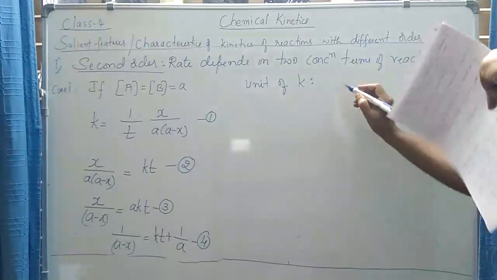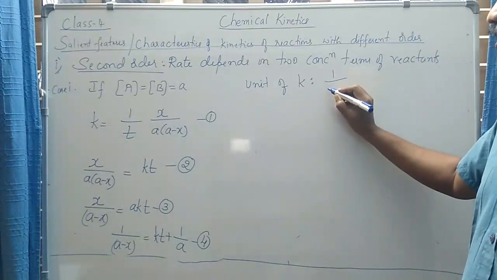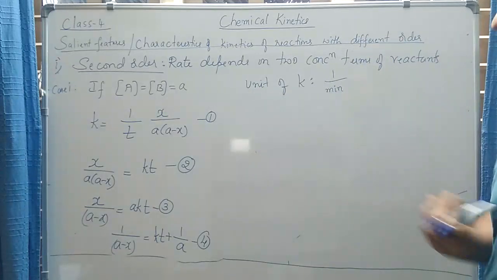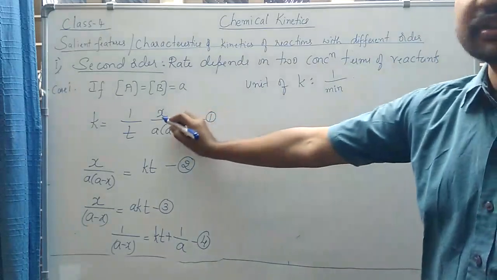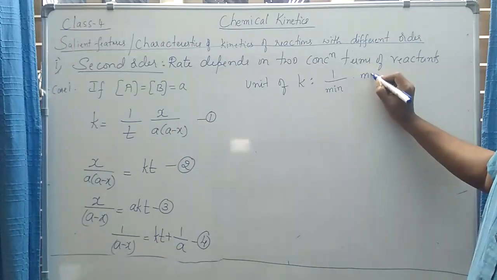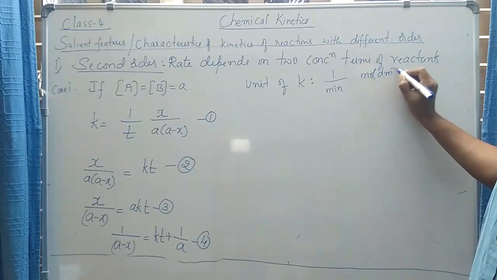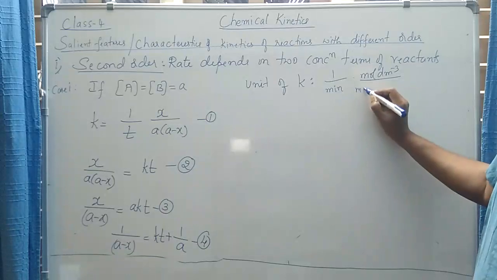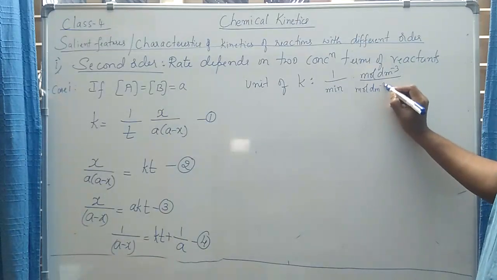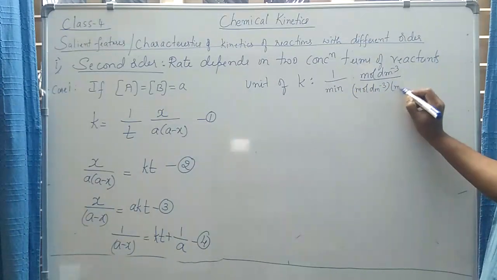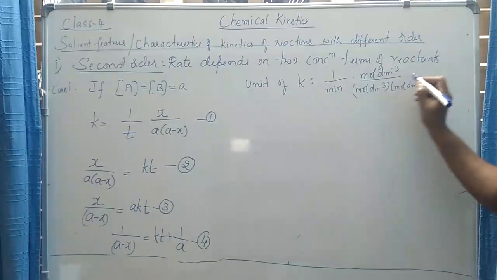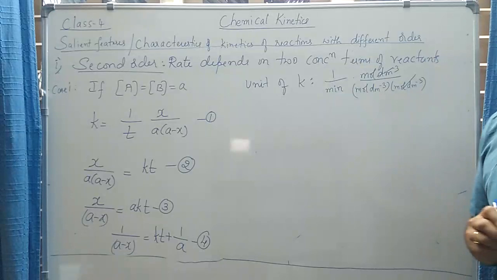So unit of K is 1 by unit of time, that is 1 divided by minute, into concentration X, mole per dm cube, divided by A into A minus X. So mole per dm cube into mole per dm cube, so mole per dm cube gets cancelled.